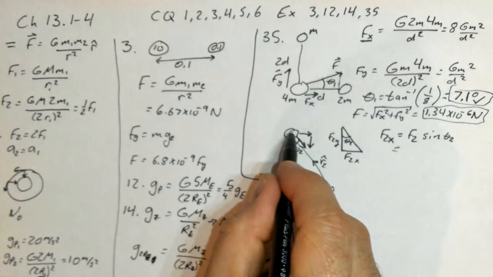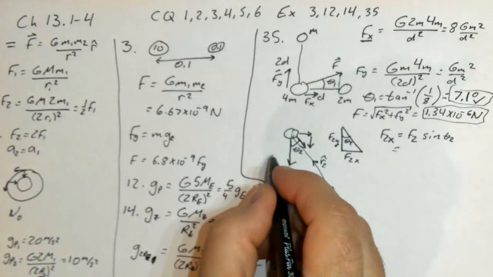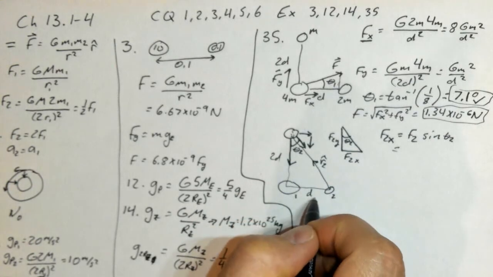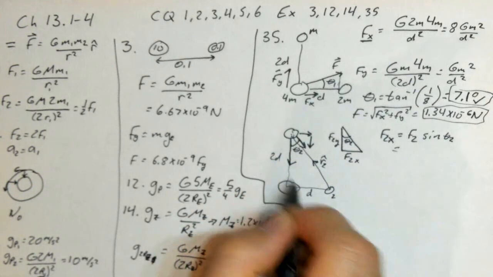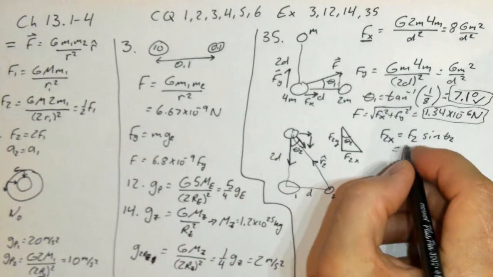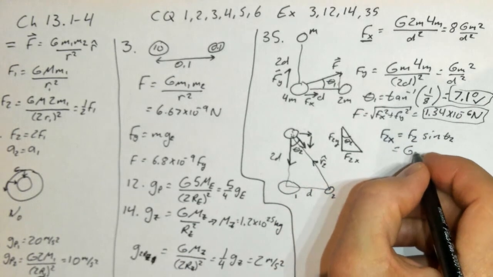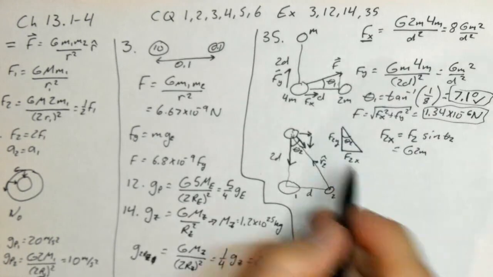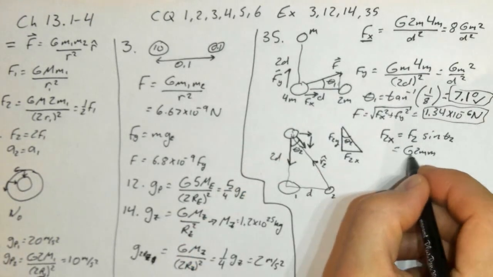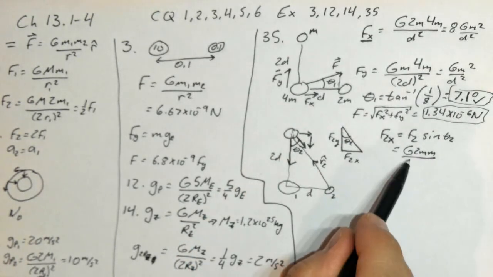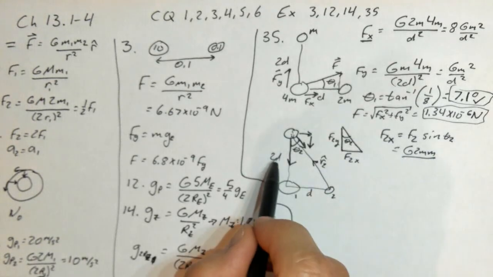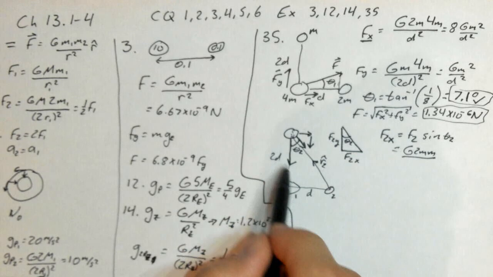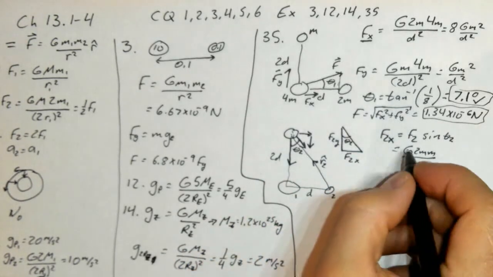The total distance, which again, this is 2d, this is d, is the square root of the sum of the squares of these two sides. So I'm going to have g, the acting one is 2m, the one being acted on is m, divided by the distance between them squared, which is just this squared plus this squared. Well, this squared is 4d squared, this squared is d squared, so that gives me 5d squared.